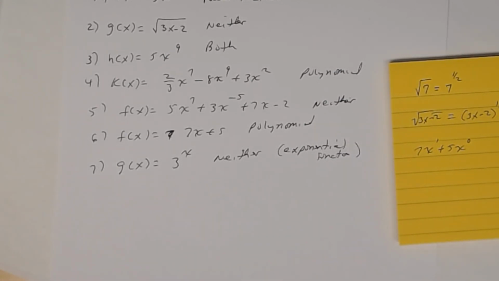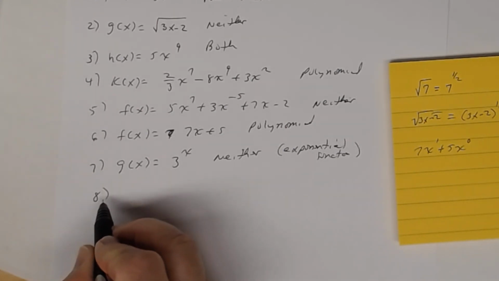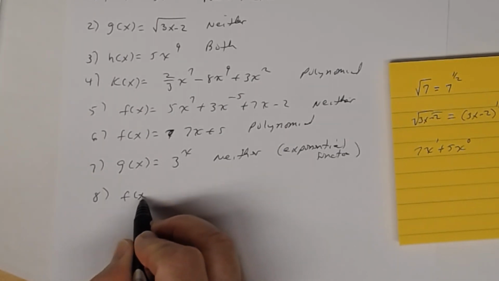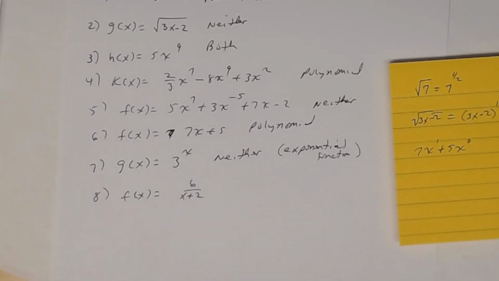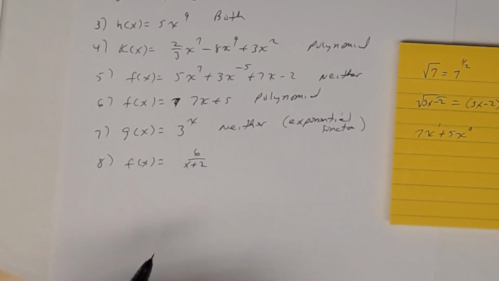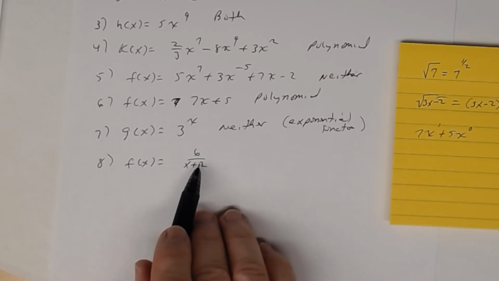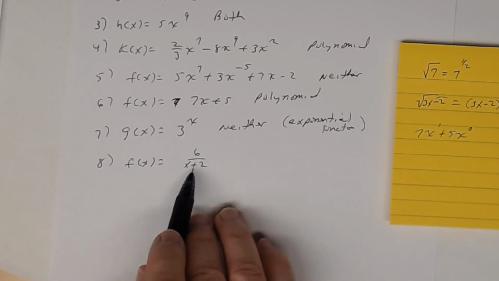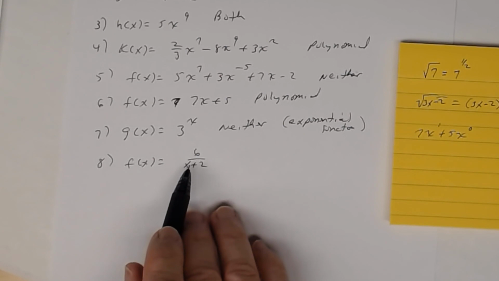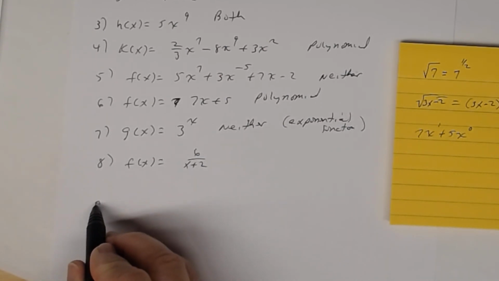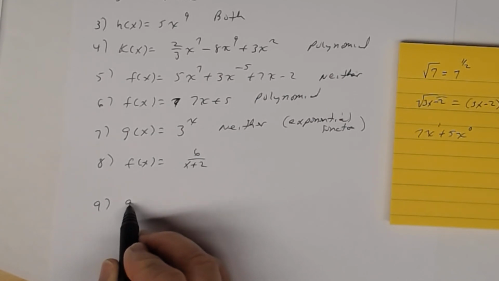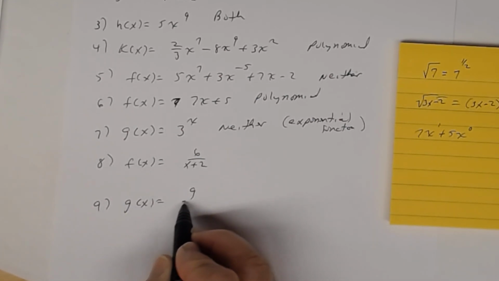Okay, so then let's look at number 8. Number 8, you have f of x is equal to 6 divided by x plus 2. All right, now be a little bit careful with this, because some students, even though this is a rational function, compare it to, let's say, number 9, which is g of x equals 9 over x squared.